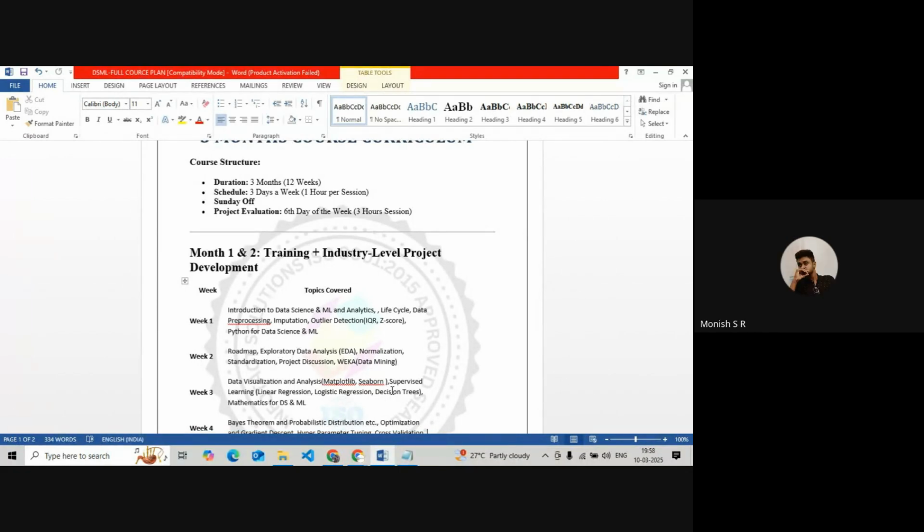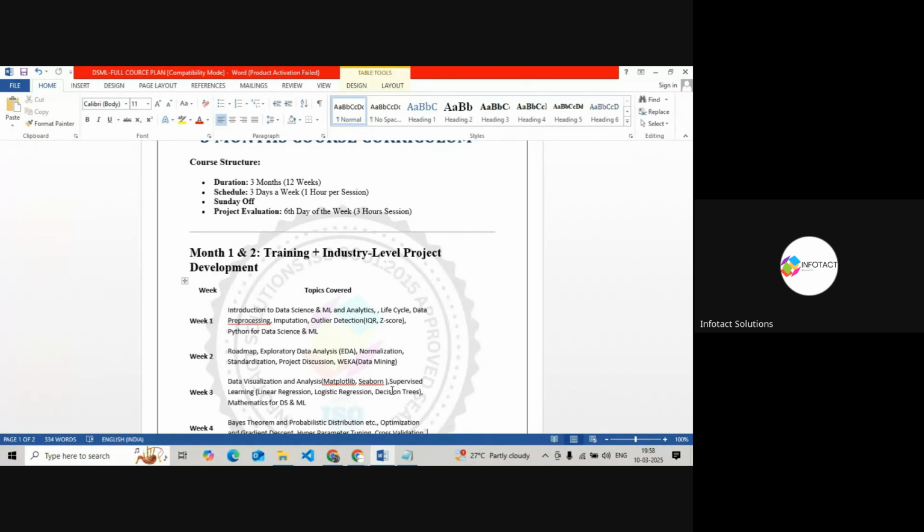So what is precision? Precision is used to measure how accurate a model's positive predictions are. What is recall? Recall is a ratio of the number of true positives and the sum of true positives and false negatives.